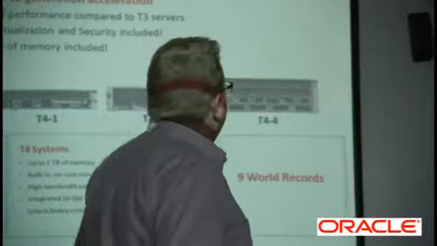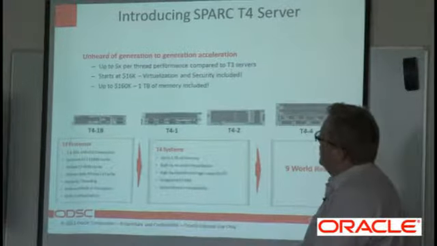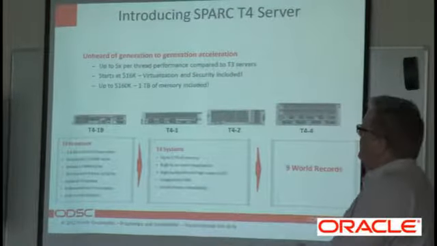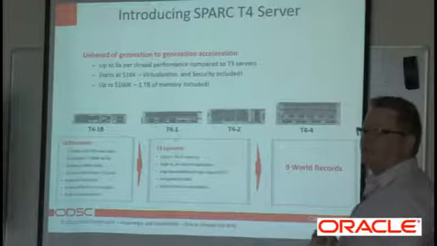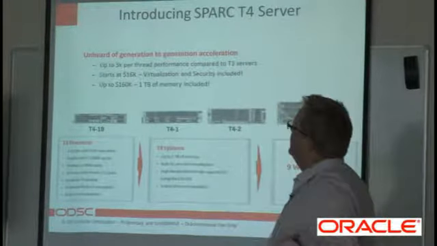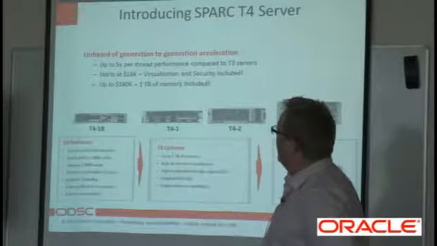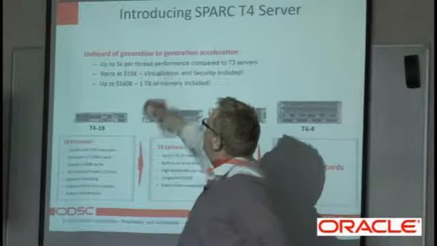So what we've got here is our Spark T4 server generation, our T4 server family. Obviously, it's a generational thing. The thing that came before it was the T3. The great difference between the T3 and the T4 is that it's 5 times the performance per thread compared to the T3.